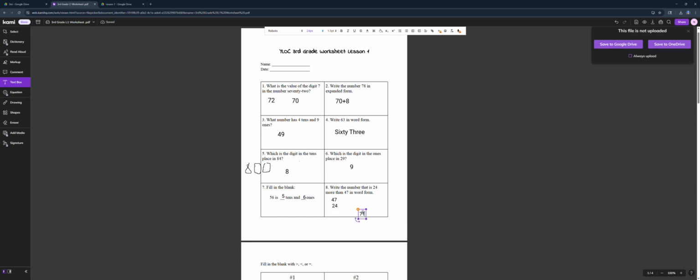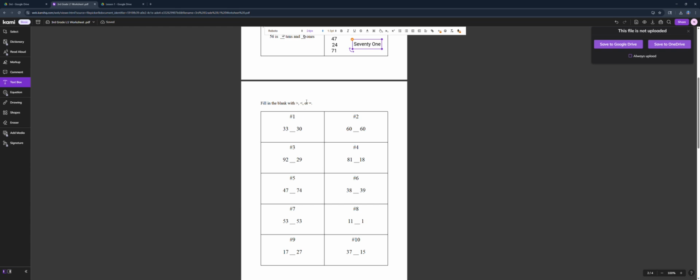So the number that's 24 more than 47 is 71, and they want that in word form. So we have the 7 in the tens place, so 70. And then we have the ones place, just 1. So you would say 71 in word form like this, or write it out.